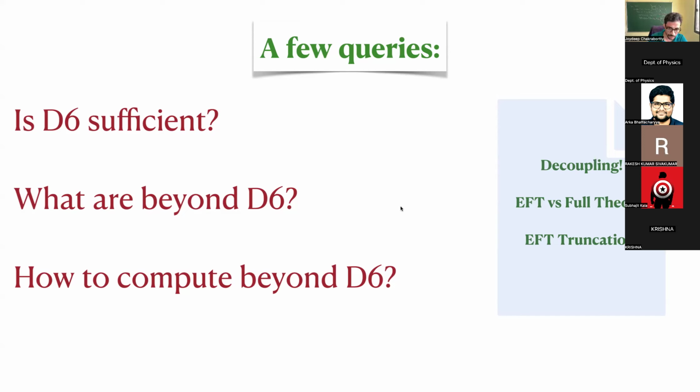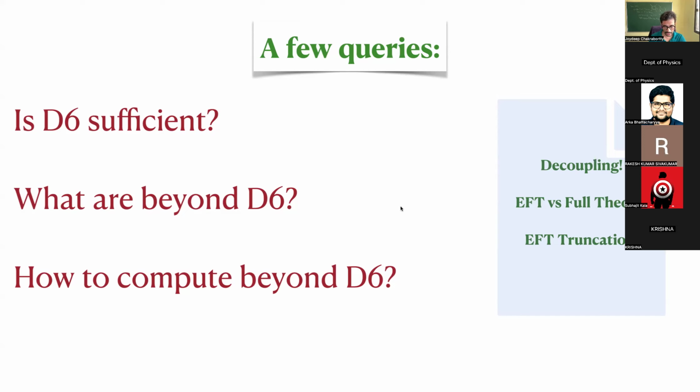For example, if you have 2 dimension 6 operators and you calculate the quantum corrections, you will get a counterterm which will give you a dimension 8 operator. Then how do you cancel the divergence? You cannot cancel it. Unless you add a dimension 8 operator, you cannot cancel the divergences coming from the insertion of the 2 dimension 6 operators. You suffer from the divergences. You have to renormalize the theory properly.